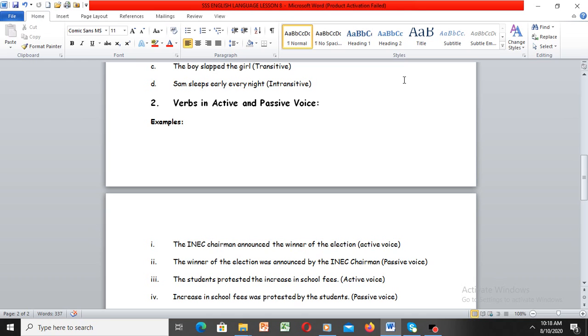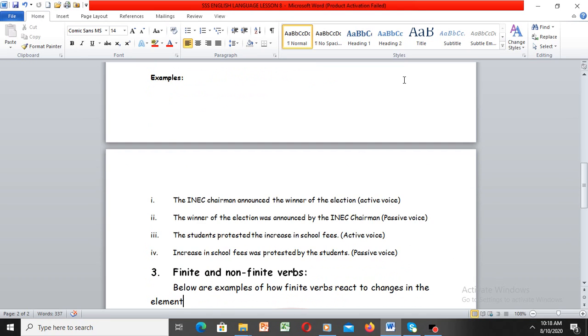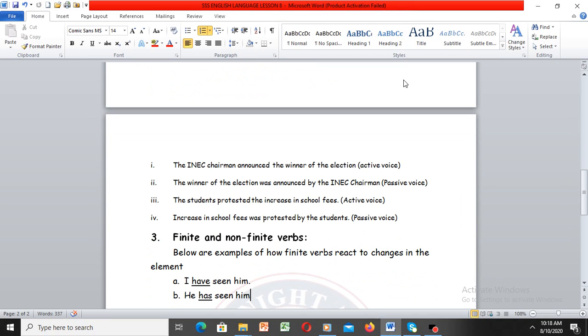Now, take a look at these examples. Number 1. The INEC chairman announced the winner of the election. Active voice. The winner of the election was announced by the INEC chairman. Passive voice.